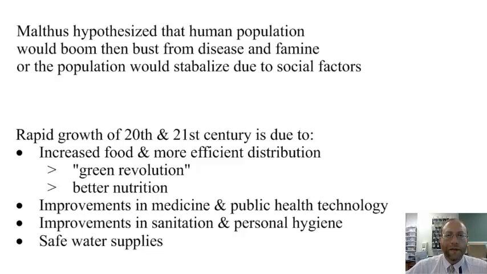Many, many lives have been saved by just simple things like washing your hands. And also safe water supplies. Used to be that one of the main leading causes of death in the world was diarrhea, which was caused mainly by cholera. And cholera is a disease that's caused by contaminated water.